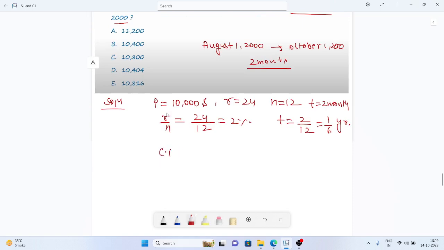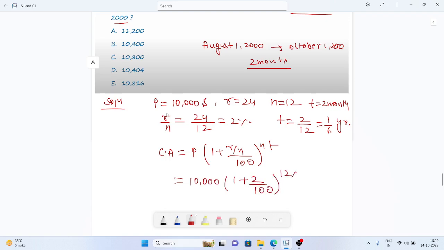Compound amount equals principal into 1 plus R by n, which is 2 by 100, to the power n times t, 12 times 1 by 6.